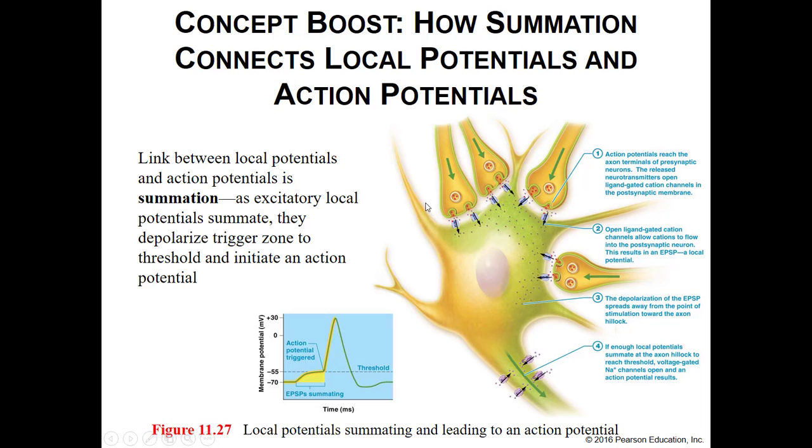And so we can have different types of summation. We can have spatial summation, and we can have temporal summation. So all of these are giving excitatory signals, and they bring it to threshold, which generates an action potential at the axon hillock.